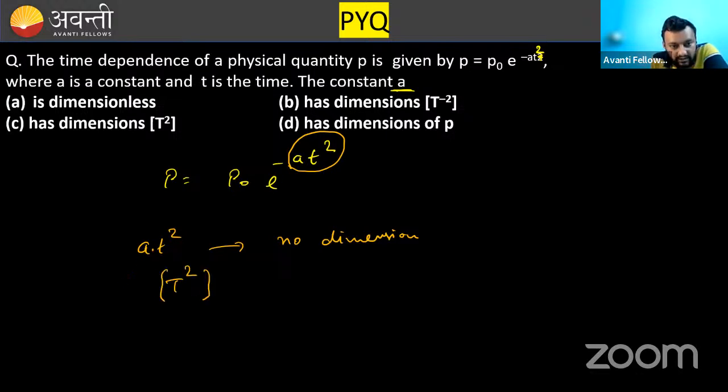Then what should be the dimension of A so that it will become dimensionless? Very good. This is T square. So if it is T minus 2, it will be cancelled out and it will become a dimensionless quantity. So A has the dimension of T minus 2. I think this point is also clear.